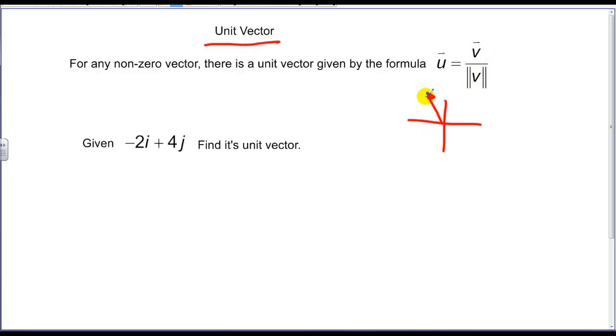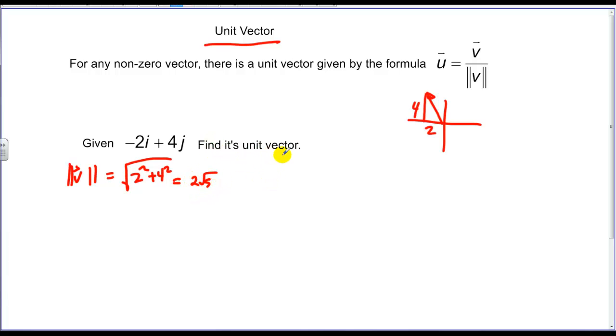So I know that I have a length of 2 on the horizontal, a length of 4 on the vertical. So the magnitude of this vector is given by 2 squared plus 4 squared square rooted, or in this case 2 root 5.